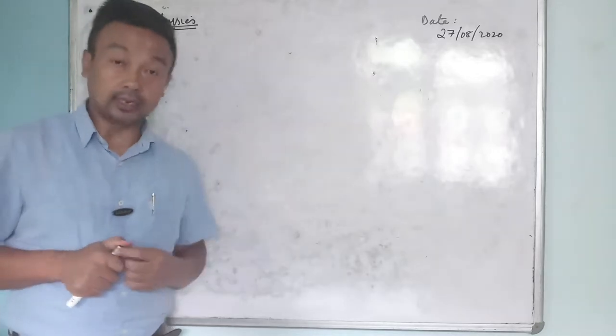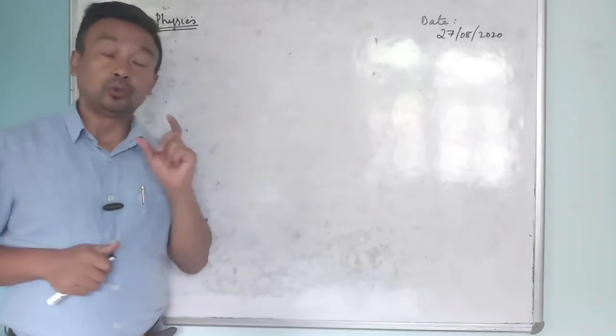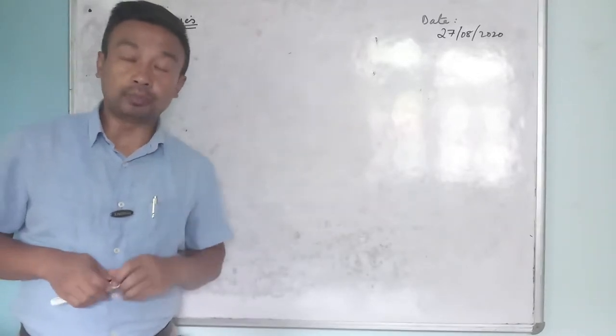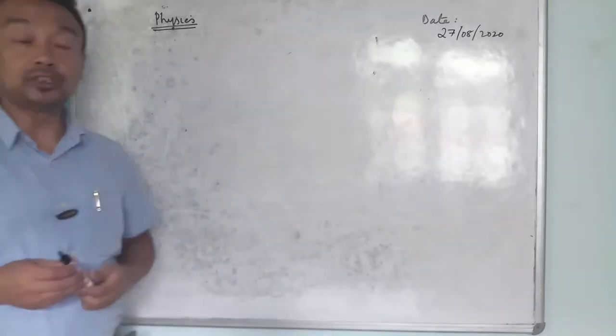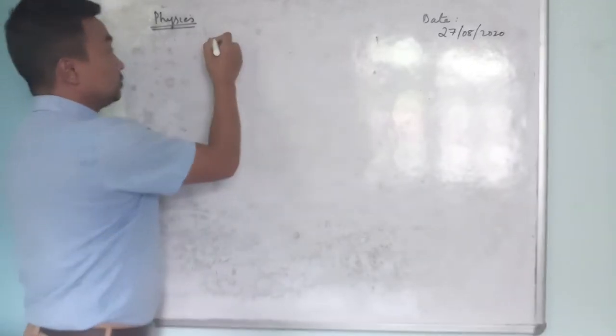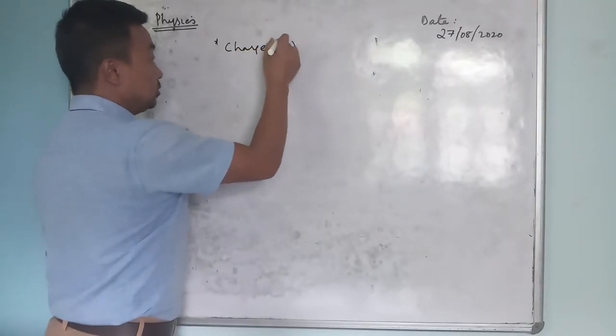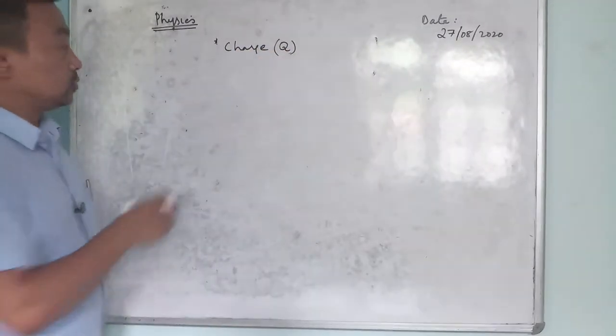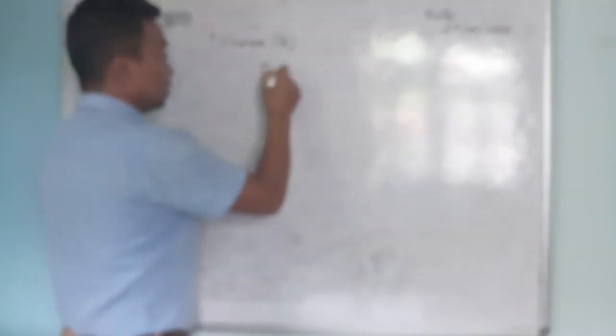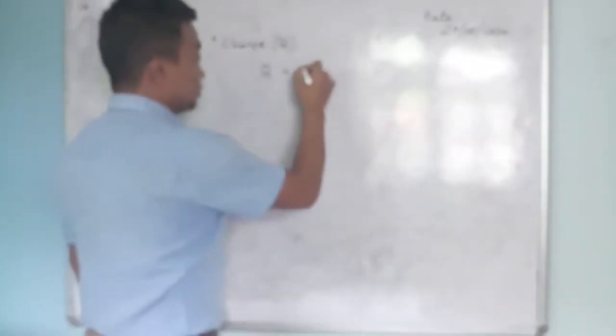In the previous class, before we concluded, we had discussed two physical quantities in this chapter. The first one was the charge, which was denoted by the symbol Q, and it was nothing but the amount of electrons present in a conductor or in a wire.